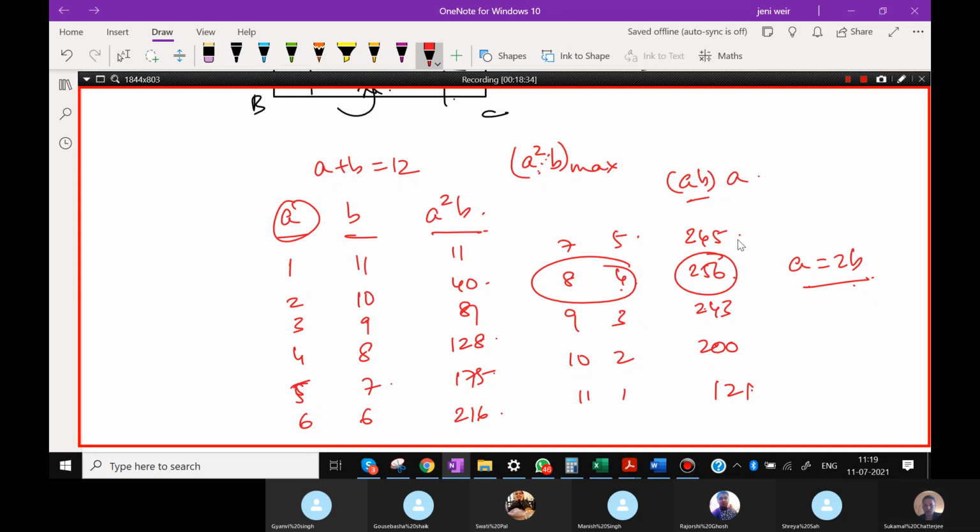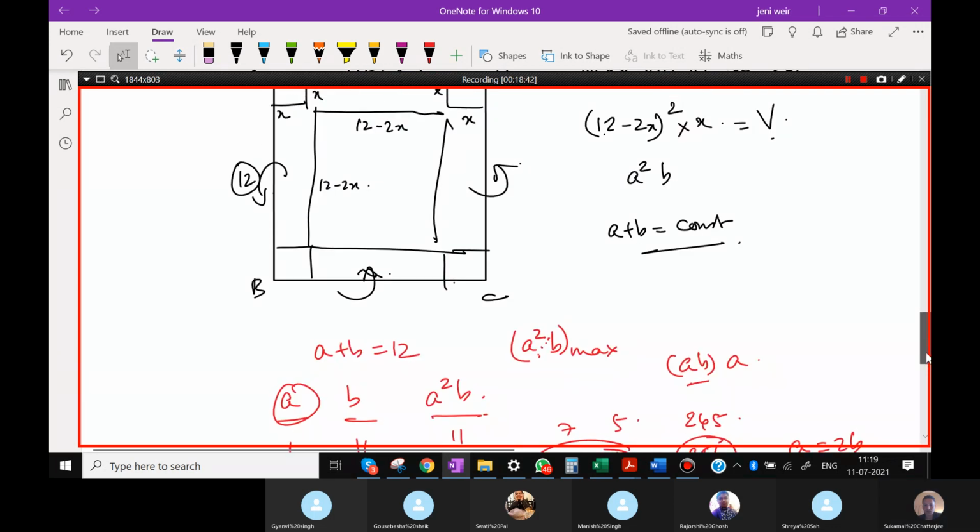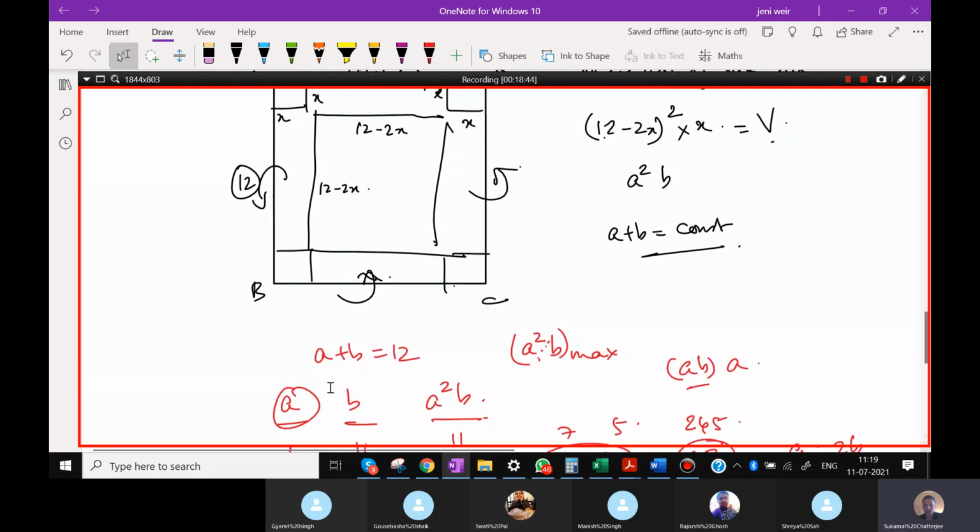Clear? Now if I go back to this case, here the condition is a plus b has to be constant. If I consider this as a and this as b, then 12 minus 2x plus x is equal to 12 minus x, which is not a constant. So I cannot apply this concept here.